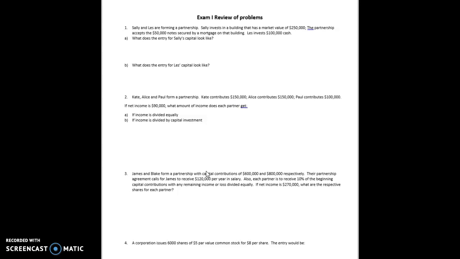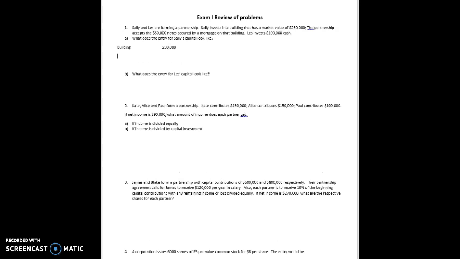So let's see what the entries look like. The first one asks, what does the entry for Sally's capital look like? Well, the partnership is getting a building, so we're going to debit building. It's based off the market value, so that's $250,000. Typically she would then get capital for that difference, but she's bringing in a debt.